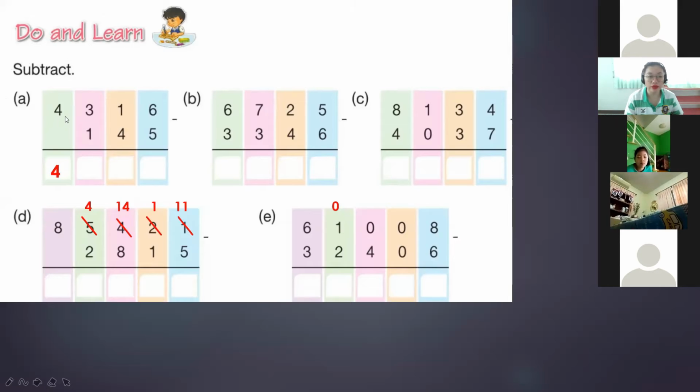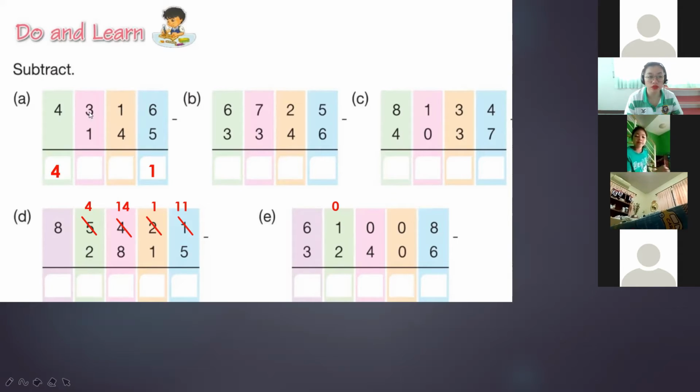Letter A, we have the numbers 4,316 minus 145. So we're going to start with the place value. In the ones place, 6 minus 5 is equal to 1. In the tens place, 1 minus 4, we cannot subtract them.